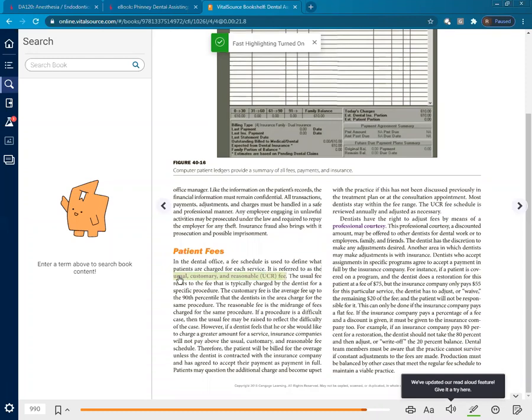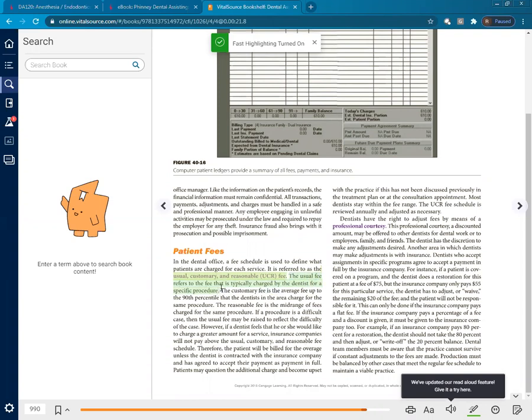So this is actually 3 definitions in one. So usual, customary, and reasonable, but it says UCR fee. So how they determine it is the usual fee refers to the fee that is typically charged by a dentist for that procedure. Okay. So the usual fee means that's just what is charged.